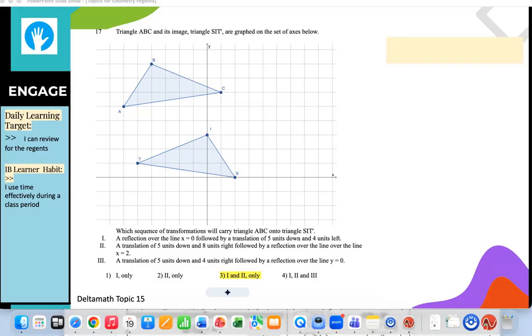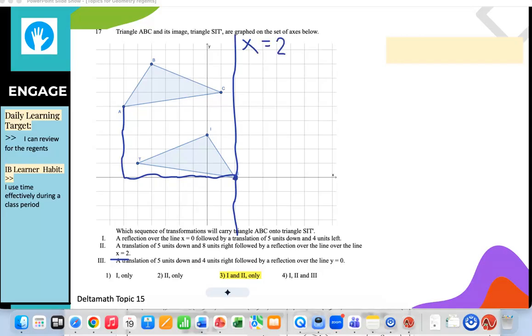So let's do that. Let's do point A, 1, 2, 3, 4, 5, and 8 units to the right, 1, 2, 3, 4, 5, 6, 7, 8. So A is going to end up where S is. Now if I reflect that over the line x equals 2, so x equals 2 is right here, and again, you could use the graphing calculator to help you, this is the line x equals 2.